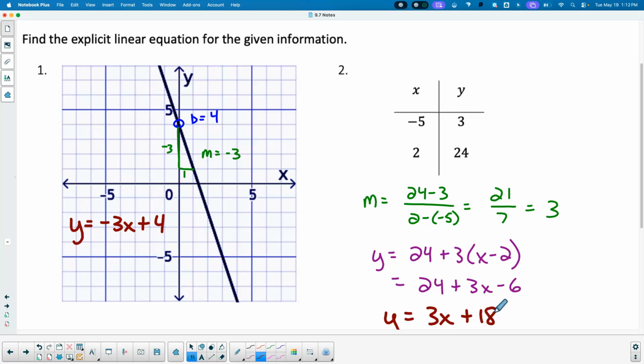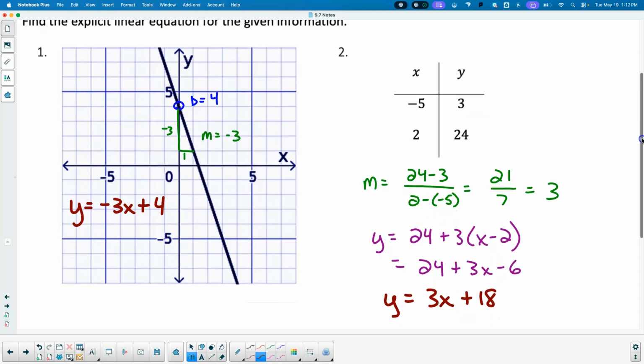Okay, y equals 3x plus 18 for the second one. Questions, comments, concerns, clarifications?